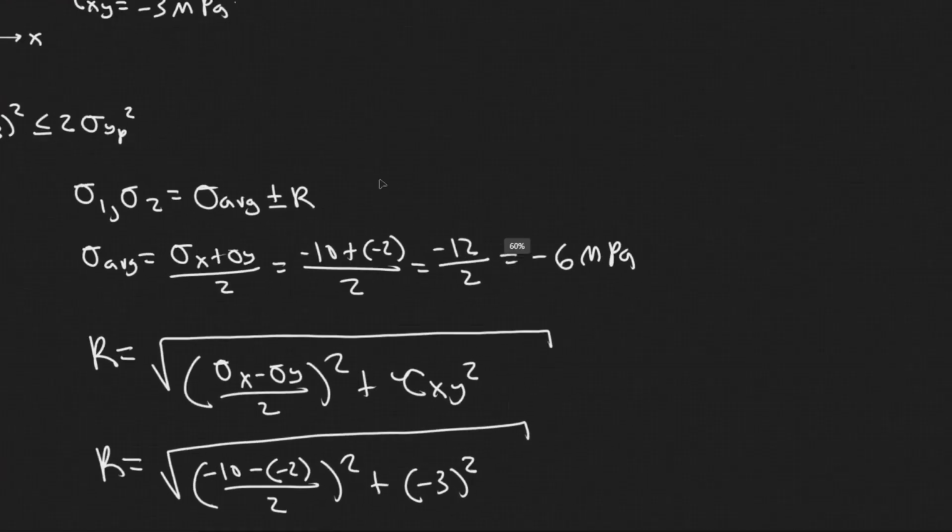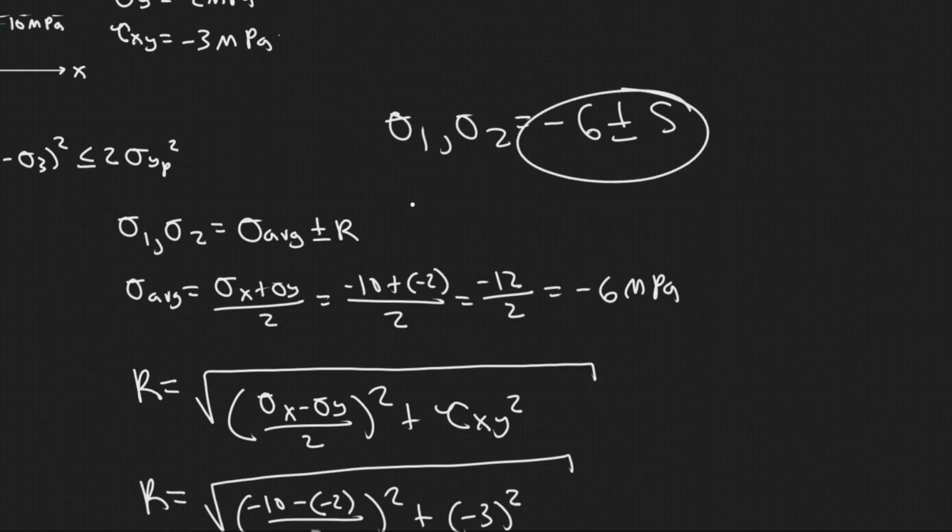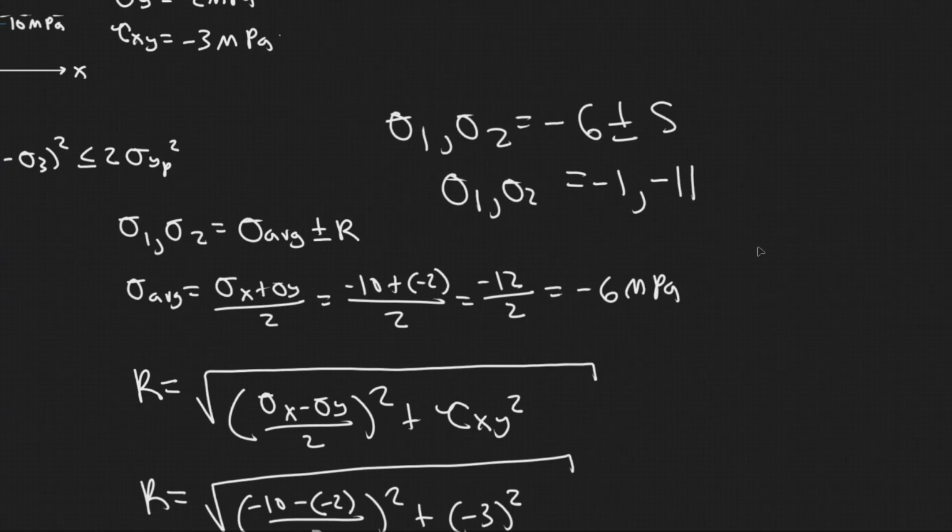So going back up here, our sigma 1 and sigma 2 is sigma average, -6, plus or minus 5. So if we add 5, it's going to be -1. If we subtract 5, it's going to be -6 minus 5, which is -11. So sigma 1 and sigma 2, these are your two values.